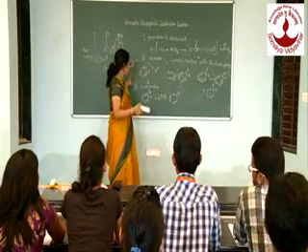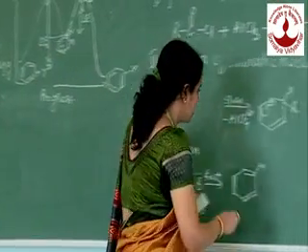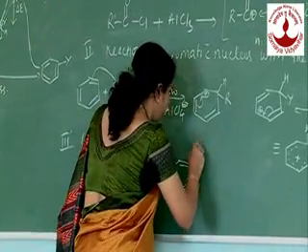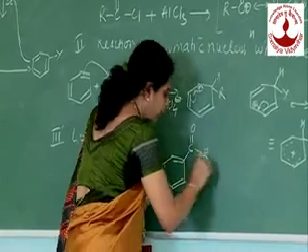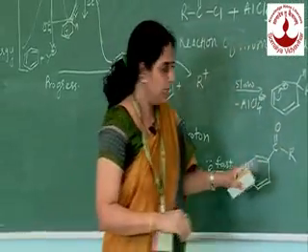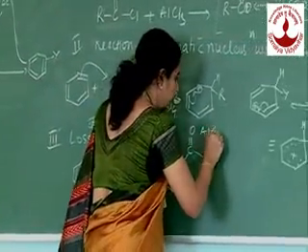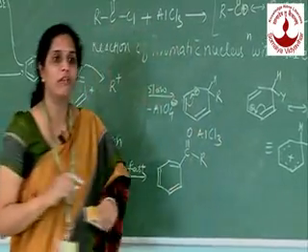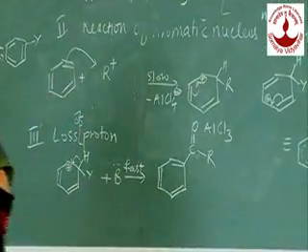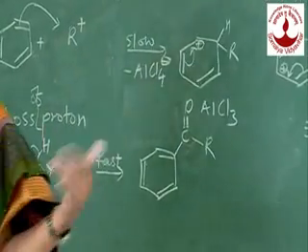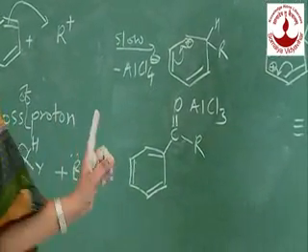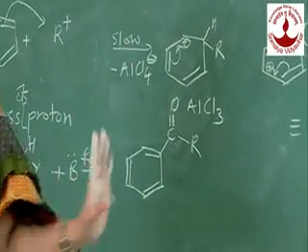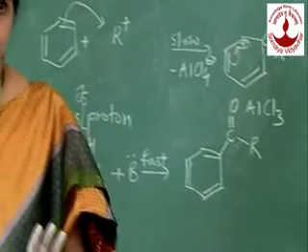Only in this case, once the acyl group is introduced onto the benzene ring, it still complexes with one molecule of AlCl3. So therefore more than stoichiometric amounts of anhydrous AlCl3 has to be added in this reaction.